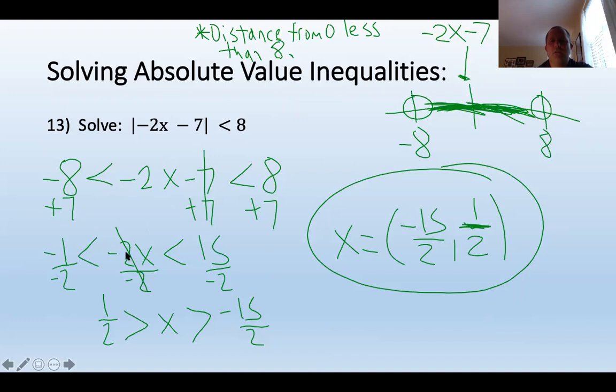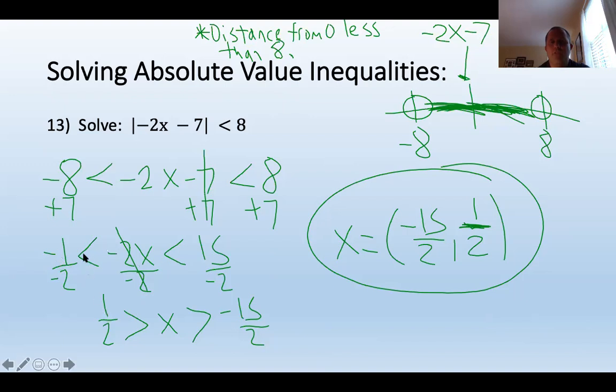Now, you've got to cancel the negative 2 out by dividing by negative 2 on everything. But when you divide everything by a negative number on an inequality, you have to flip the inequality symbols. So you divide through by negative 2 on everything, and you cancel the negative 2 out here, and you have negative 1 over negative 2, which is positive 1/2.